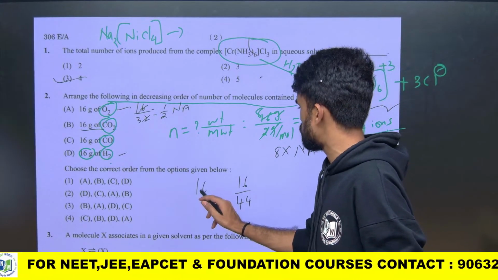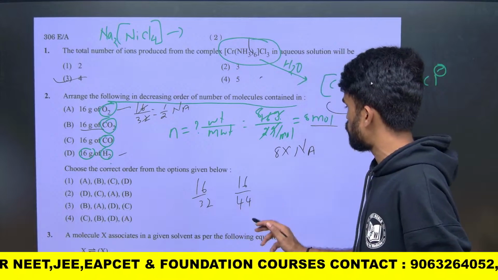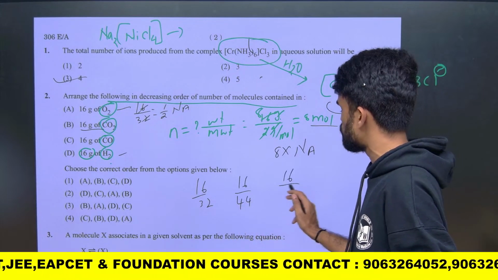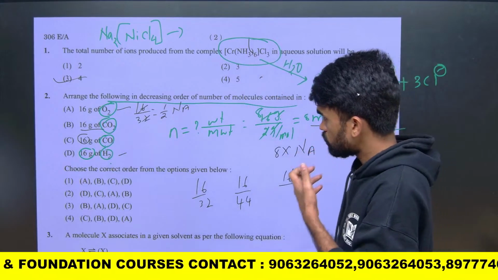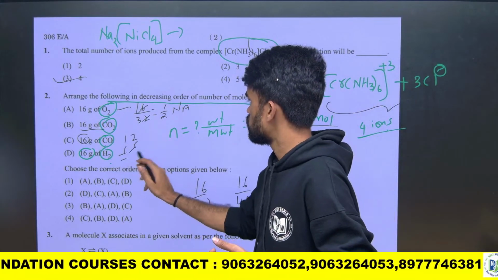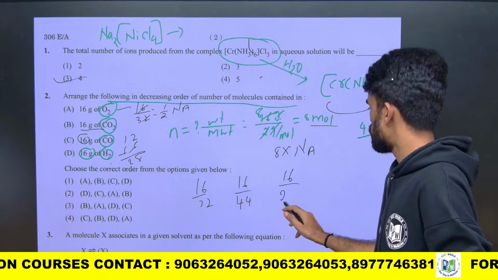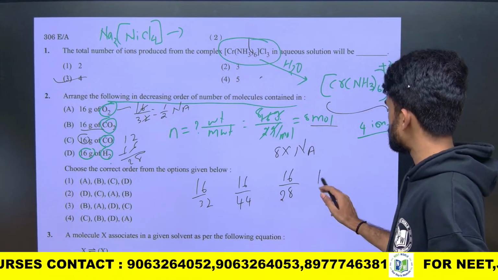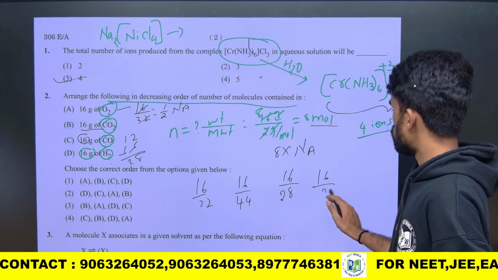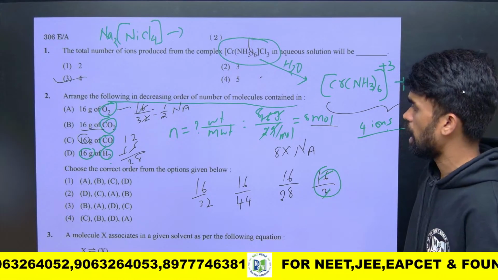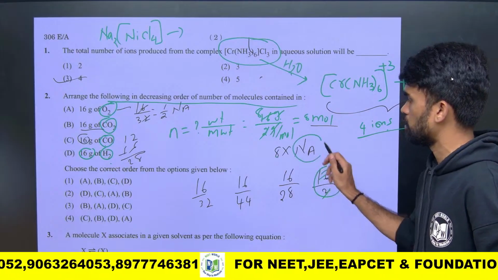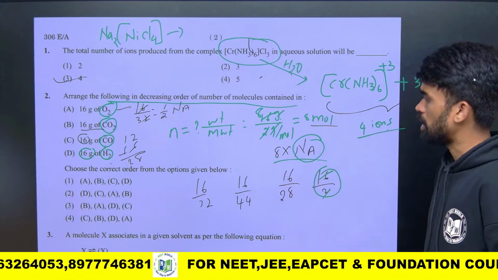First one is 16 by 32, second one is 16 by 44, and the third one is 16 by how many? 16 by 12 plus 16, so you can take 28, okay. And the last one is 16 by 2. So this is a big number now. This is 8 into Na, Avogadro number, 8 into Na times. So this many number of molecules are there.